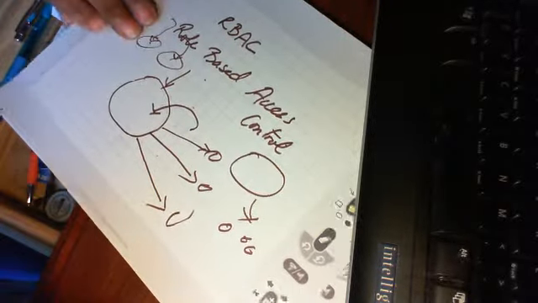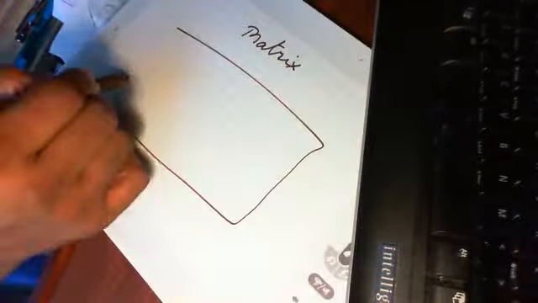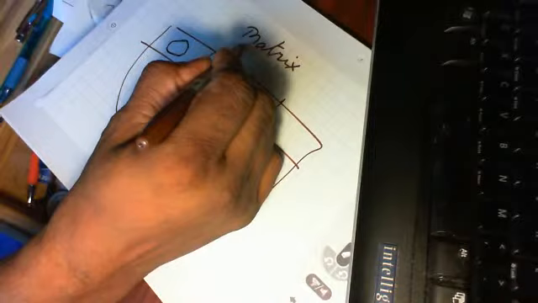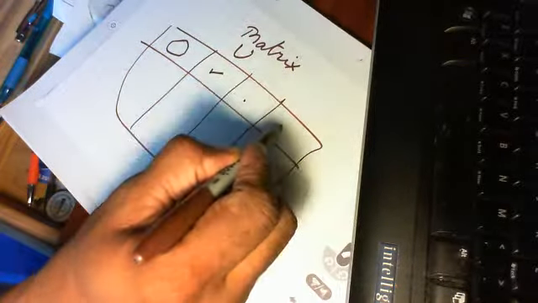Okay? And lastly, there's one that we call matrix. Matrix. And this is not used very often. So all it is, you have a matrix, right? And here you have the object, and then here you have the user. So it's saying, okay, you have write permission, no permission, read permission, right?